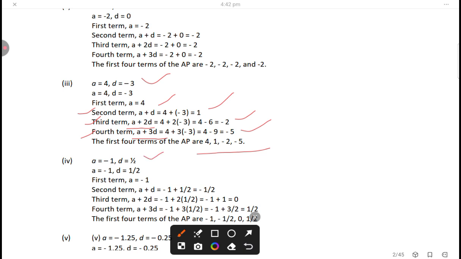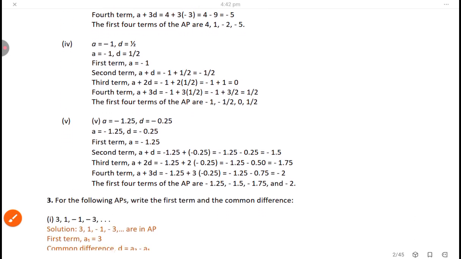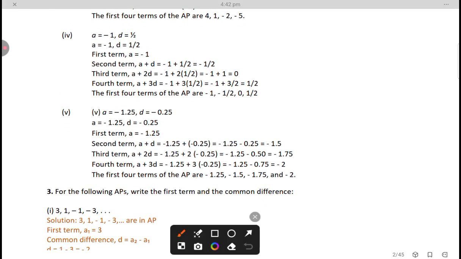If A equal to minus 1, D equal to half, you will get the second term, this one, third term, fourth term, fifth term. If A equal to minus 1.25, D equal to minus 0.25, so you can consider A equal to minus 1.25 as the first term.